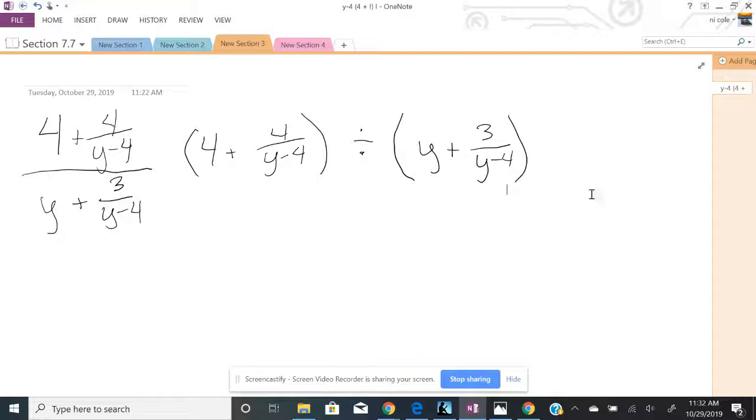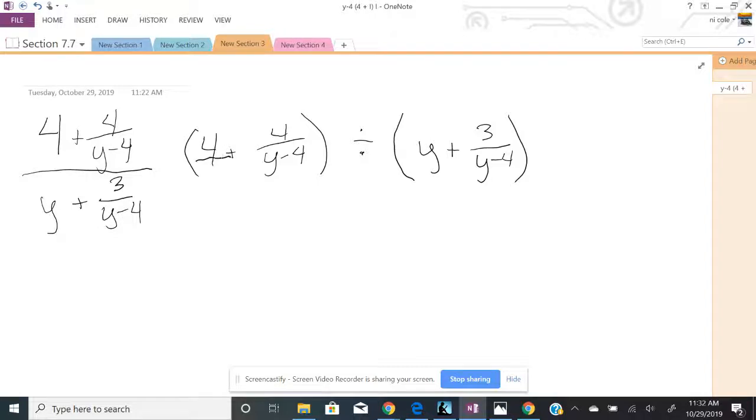Okay, so if I could ignore the second part for just a minute, let's just deal with this first part, or the top half. Okay, what do I need to be able to do to be able to add 4 plus 4 over y minus 4? Well, I need a common denominator.